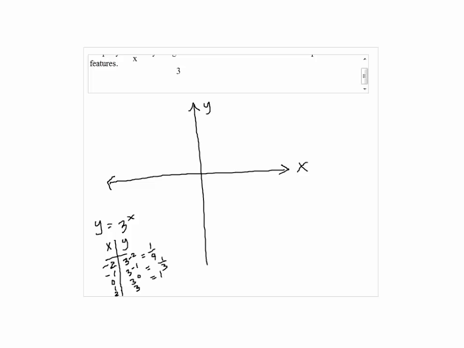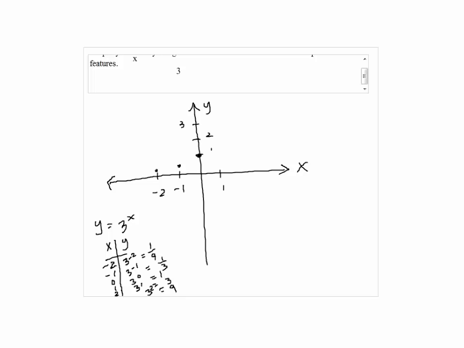3 to the 0th power is 1. 3 to the 1st power is 3. 3 squared equals 9. So when x equals negative 2, y equals 1/9, and when x equals negative 1, y is 1/3. When x equals 0, y is 1.